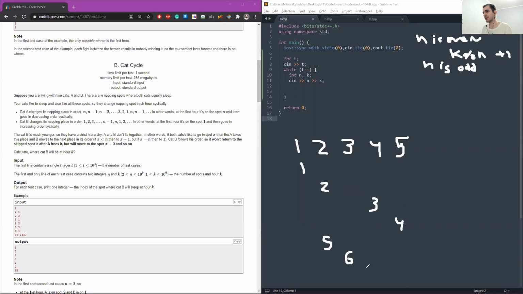In the seventh hour, he's again not here. He again skips. So it looks like he skips in every 2 moves, and 2 is because if m is 2m plus 1, he really skips every m moves.